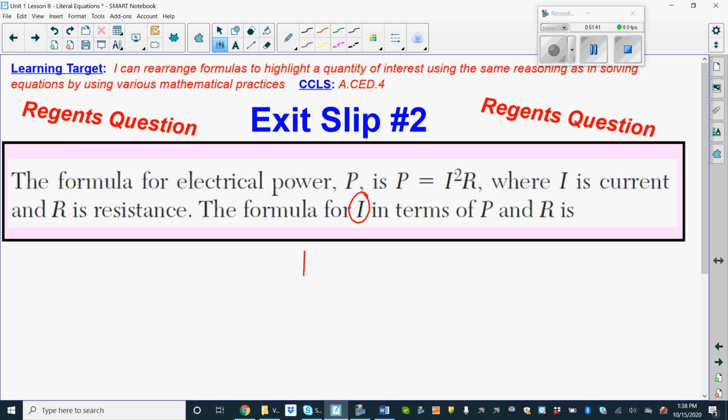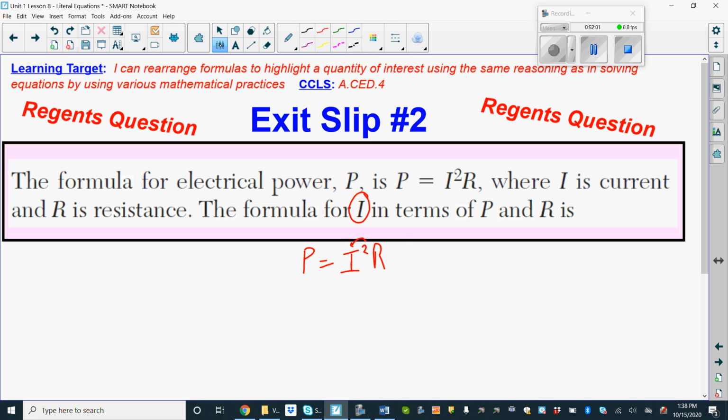So we're going to write our formula P equals I squared R. Wherever that squared is attached to the I, we are not going to do anything with that yet. But we do have to isolate the variable.